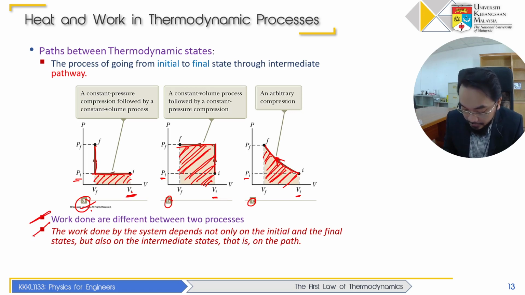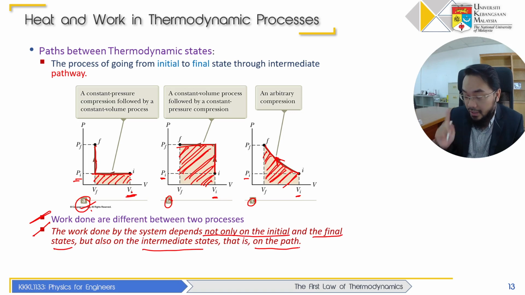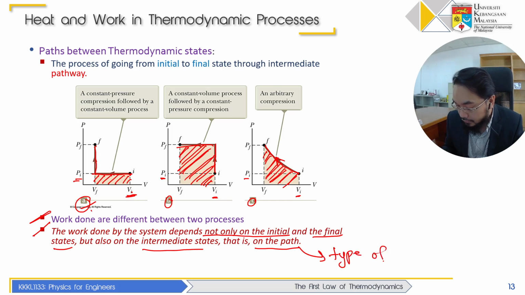The work done by the system depends not only on the initial and the final states, but also on the intermediate states, or the pathway. The pathway on your PV diagram describes the type of thermodynamic process.